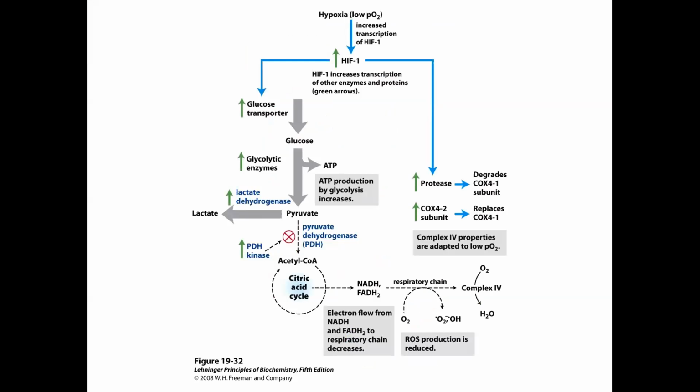And then finally, we have cases of hypoxia. You can see hypoxia is going to induce a transcription factor called the hypoxia-inducible factor 1, or HIF-1. And HIF-1 is going to induce the enzymes of glycolysis, but it's going to induce the degradation of elements of the electron transport chain.